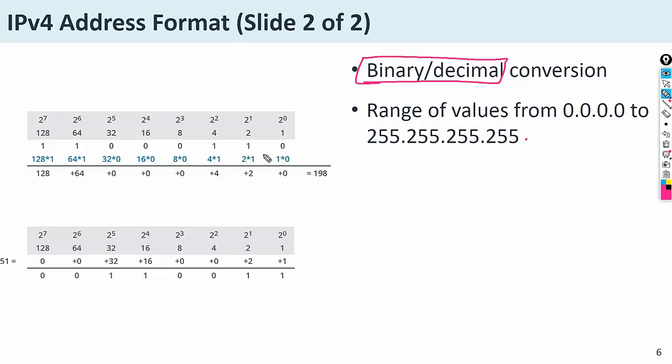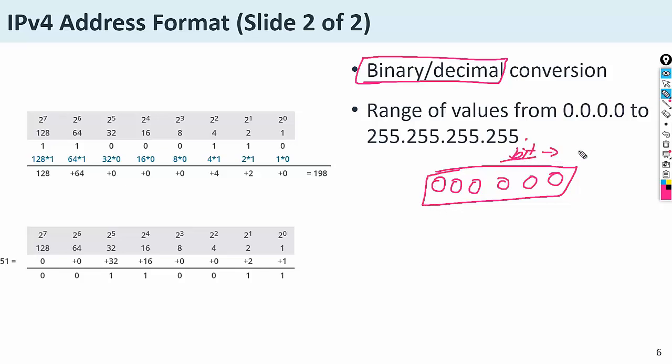Binary is like 0 0 0 0 0, where each 0 is the size of a bit. Computers only understand the binary number or the digital language.